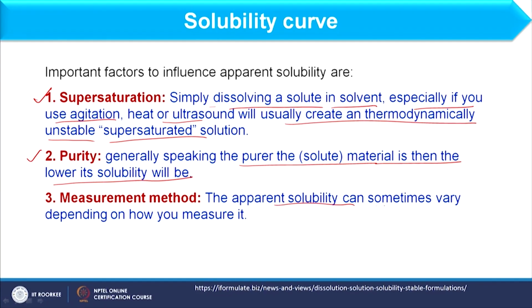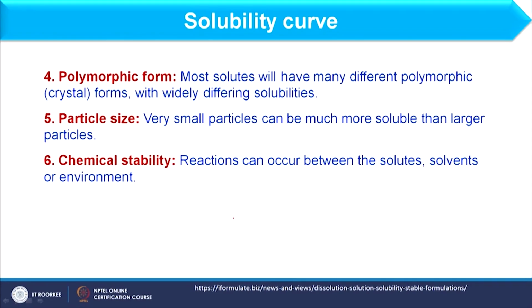The apparent solubility can sometimes vary depending on how you measure it. Along with this, there are a number of factors on which the apparent solubility depends. The first is polymorphic form.